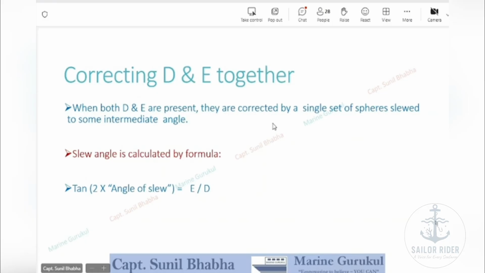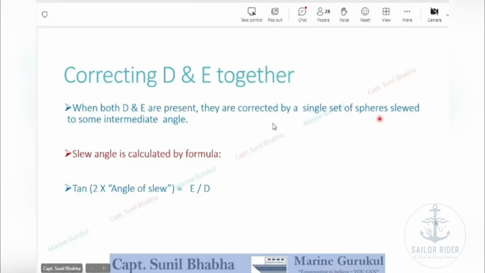Now, in case on a particular ship, coefficient D and coefficient E, delta and epsilon, both these coefficients are present together. When both coefficient delta and epsilon are present, they can be corrected by using a single set of spheres. We do not need to use two separate sets of spheres.